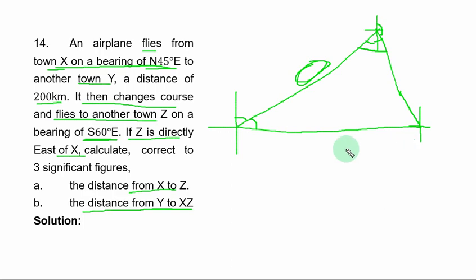We can use sine rule because this side and this angle are known. Now here is 105 degrees. Here is 45 degrees. If you add these two angles, subtract it from 180, you get the third angle. So this side is complete. Here is 105. To get this side, it must be sine rule.